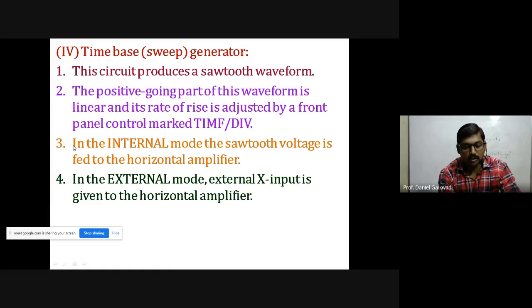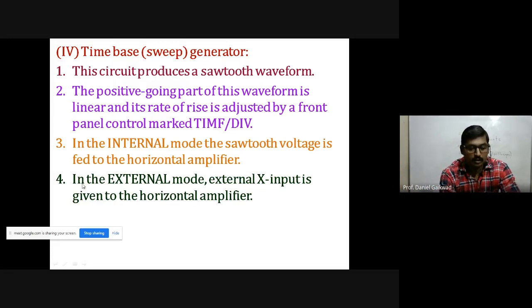And number three, in the internal mode the sawtooth voltage is fed to the horizontal amplifier. So check carefully, when internal mode is given, the sawtooth voltage is fed to the horizontal amplifier, and that will sweep the beam of electrons in the horizontal direction.